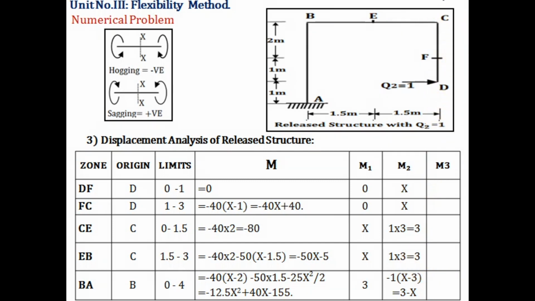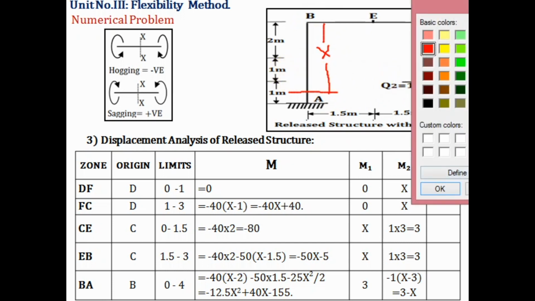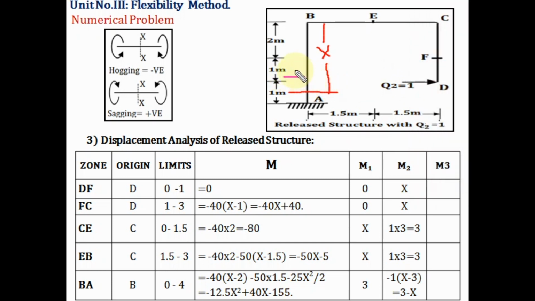Now this is important. Here we have written -1. If we take the section here now, and measure x from point B, then instead of this force acting here, if you add this force over here, on the same line, due to this force it will act like this.